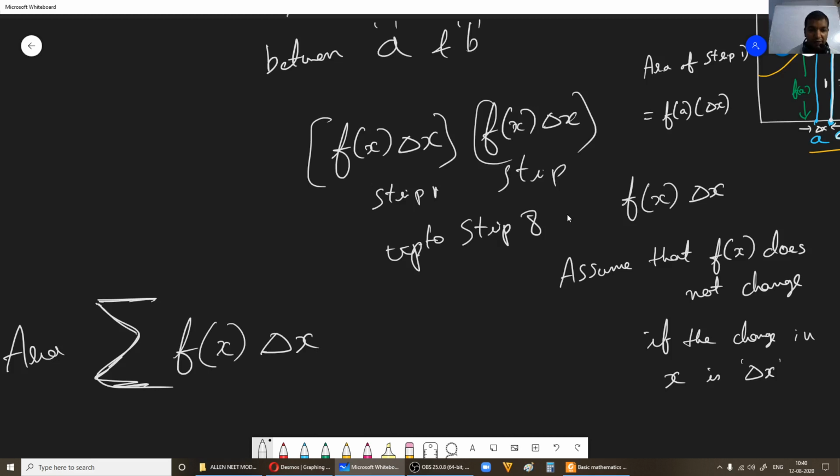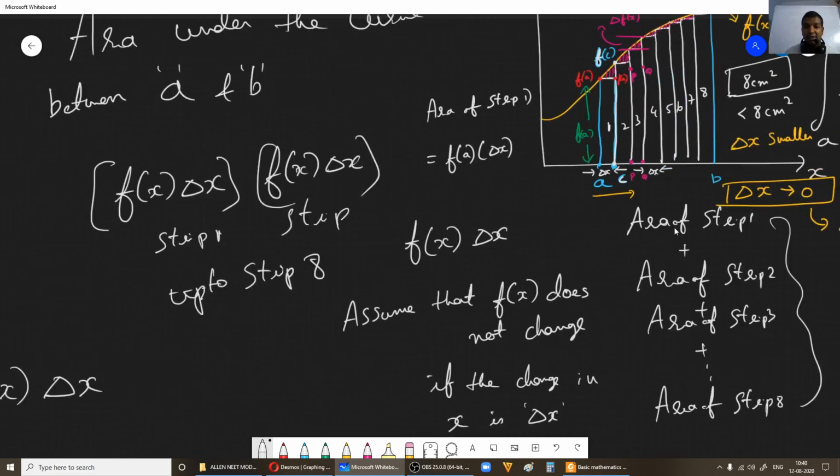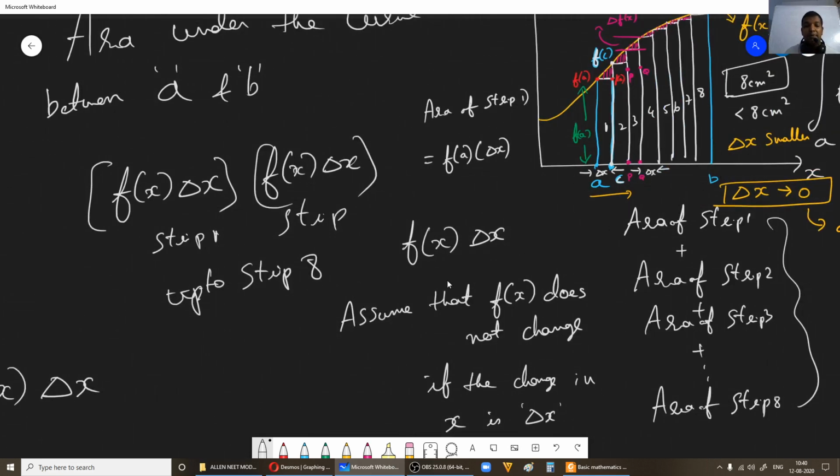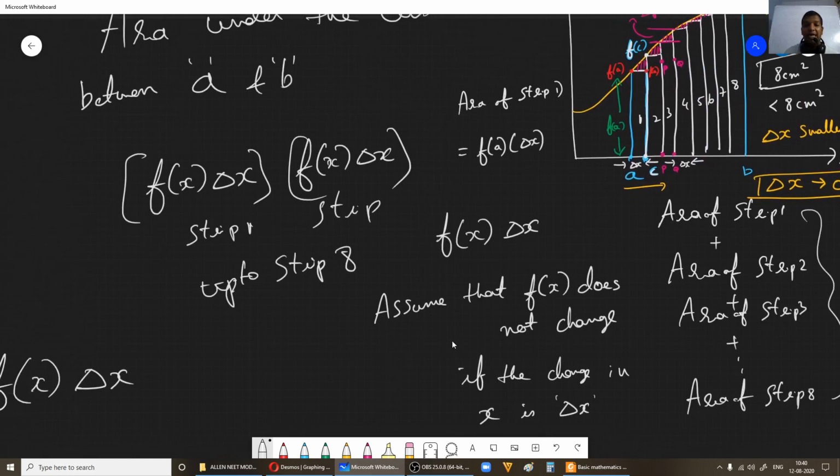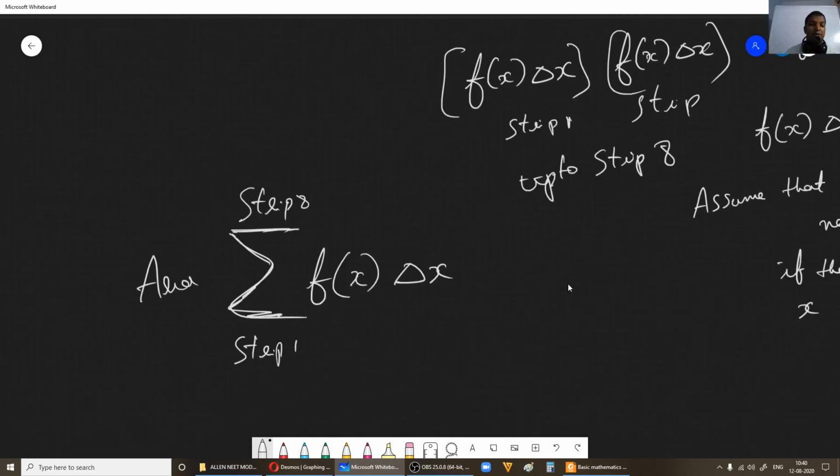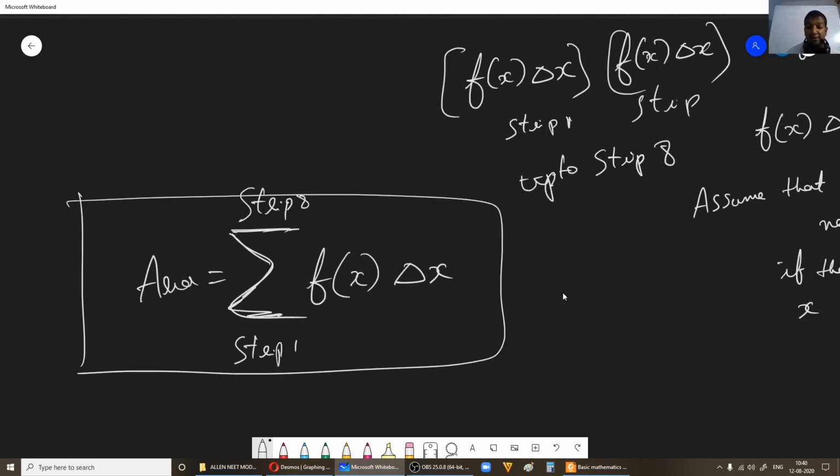You are just multiplying f of x and delta x, which gives you the area. Between strip 1 and strip 8, strip 1 acts as the lower limit and strip 8 acts as the upper limit. This is how area can be given.